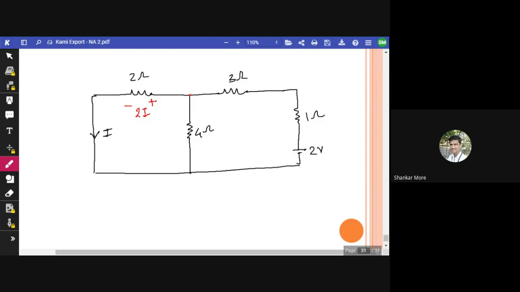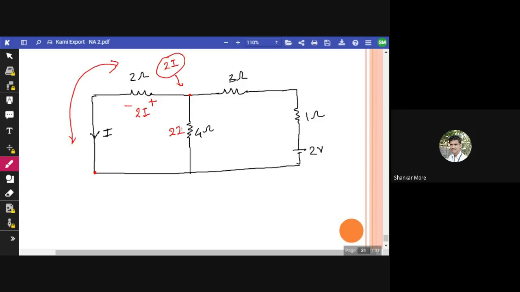Now what is the potential here? Potential here is 2i, right? 2i is the voltage potential across these 2 points, isn't it? Between these two points there is 2i voltage. Now these 2 points are short circuited, so what can be the voltage across this?